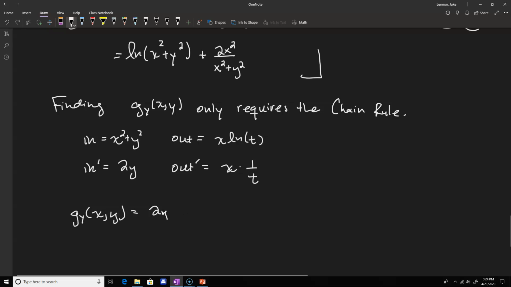So we have 2y times x times 1 divided by x squared plus y squared. And I would write this as a single fraction as 2xy over x squared plus y squared. And again, I'm writing x before y in the numerator just because I prefer to write my variables in alphabetical order when they're multiplied together. Again, that's allowed because multiplication is commutative.